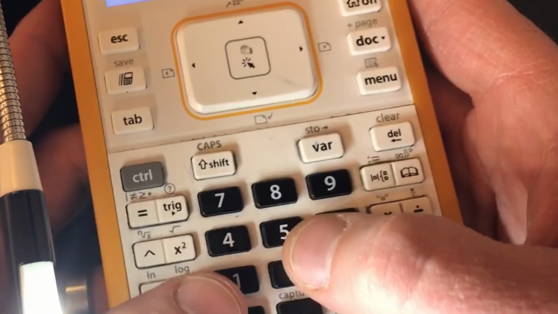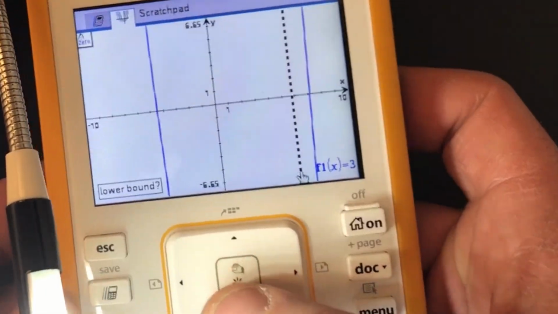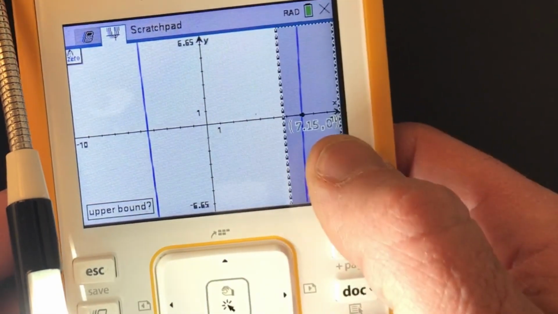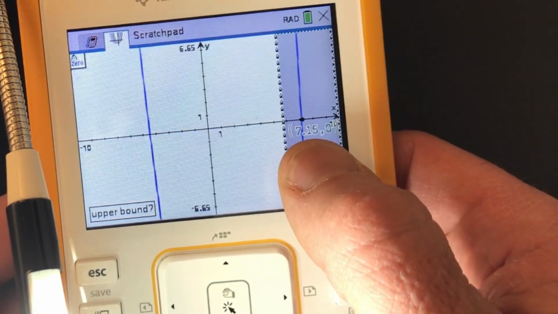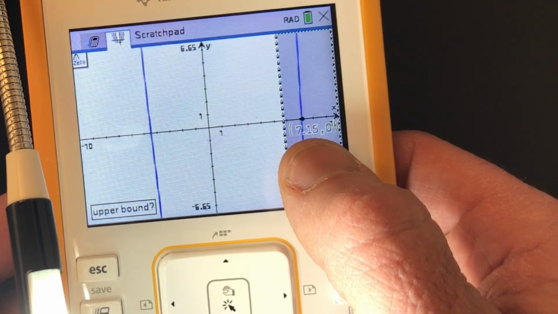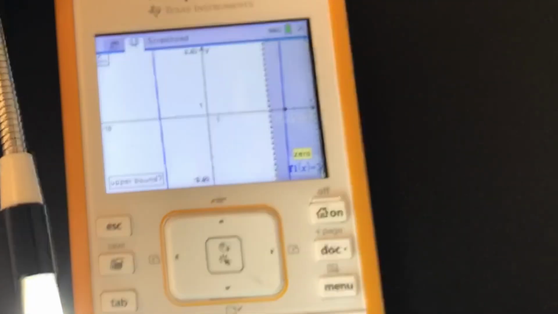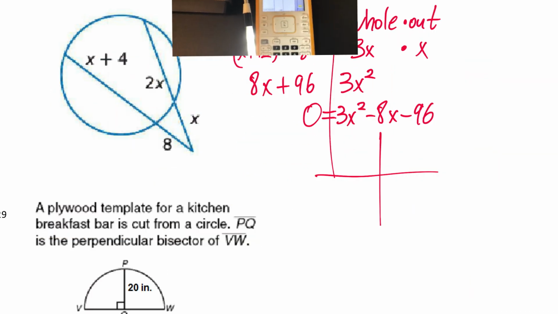Okay, menu 6.1, we're just going to find the zeros here. I'm going to click there, sweep it across, and you can see 7.15. So x equals 7.15.